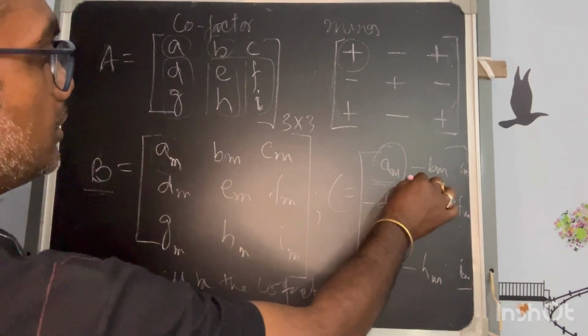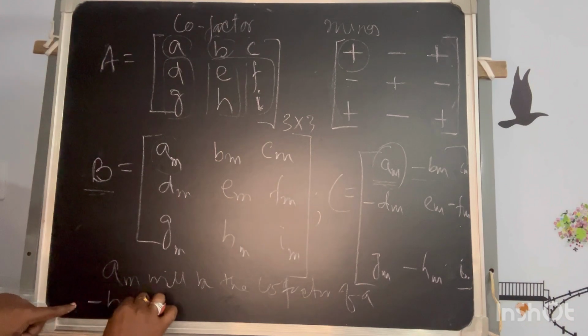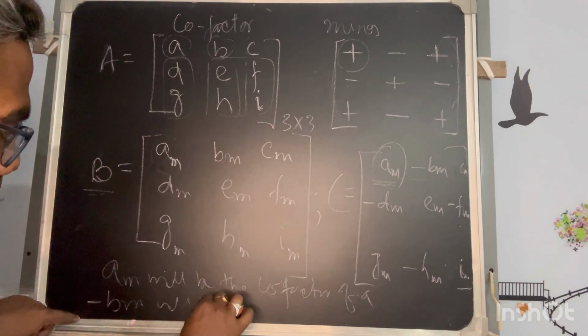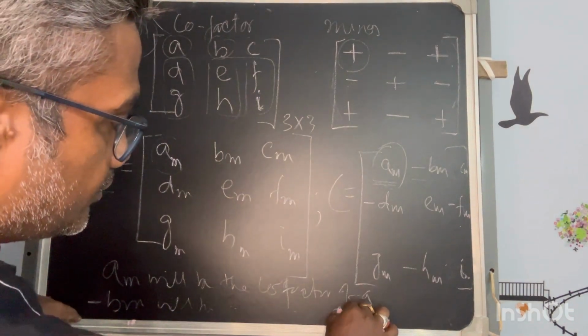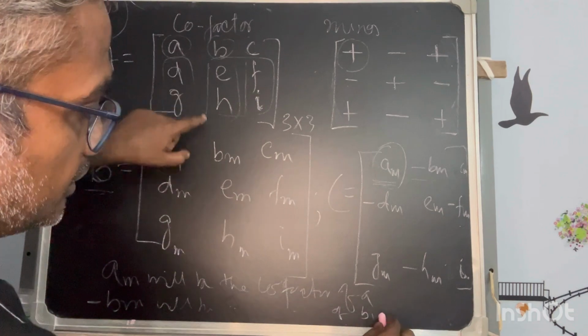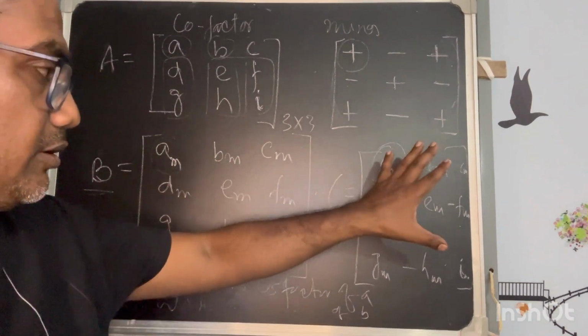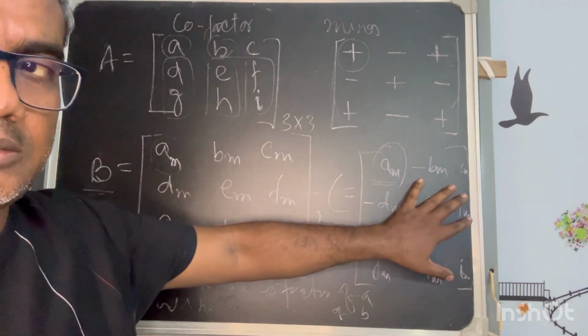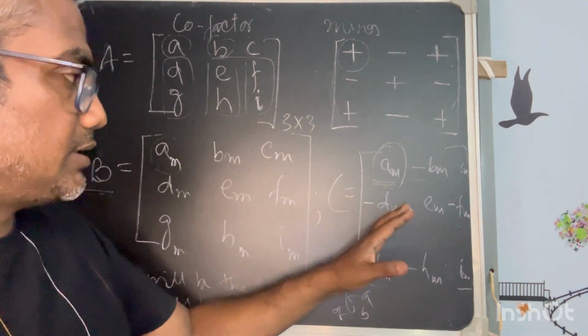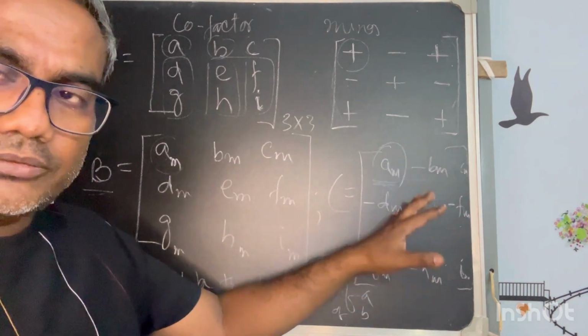Similarly, minus BM will be the cofactor of B, and similarly all the others. Till I get this form of the matrix, I have to calculate this.